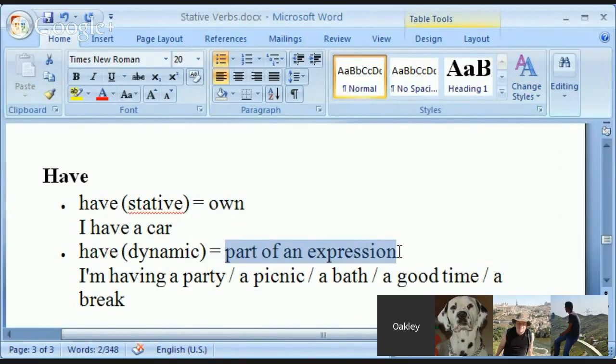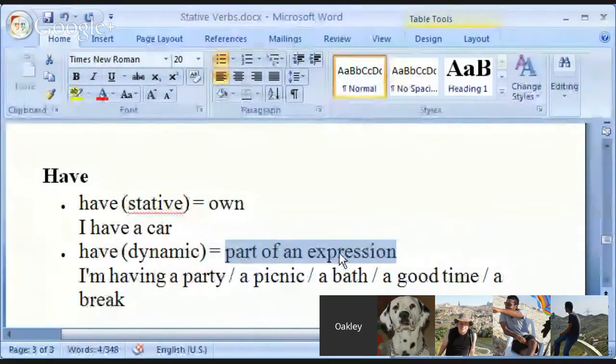As part of an expression, okay, now this is interesting. When we use it as part of a set phrase, for example, I'm having a party, I'm having a bath, I'm having a good time, I'm having a break. These set phrases, these expressions, mean I'm doing something, but instead of do, we typically use have in English for these types of expressions.